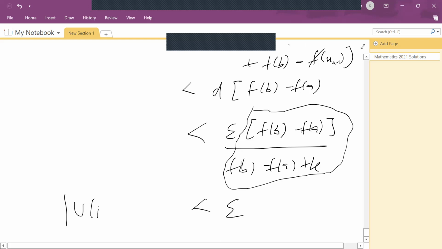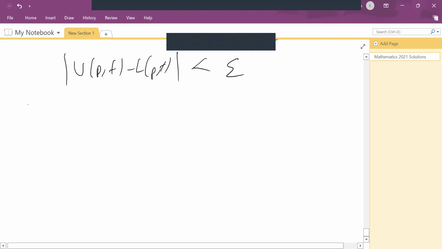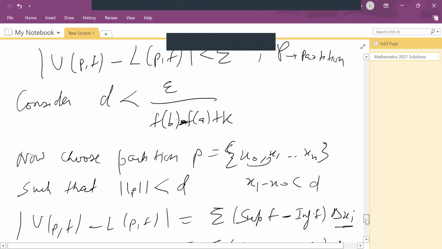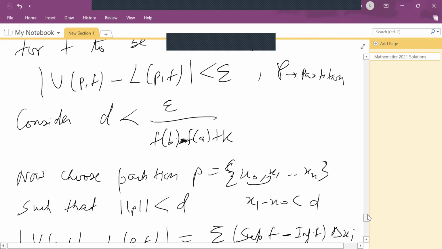It means that U(P, f) minus L(P, f) is less than epsilon. So if it is less than epsilon, it means that f is integrable. The whole trick in this question was choosing the norm in such a way that in the end we can prove that it is less than epsilon. So I chose the norm less than epsilon upon f(b) minus f(a) plus k.